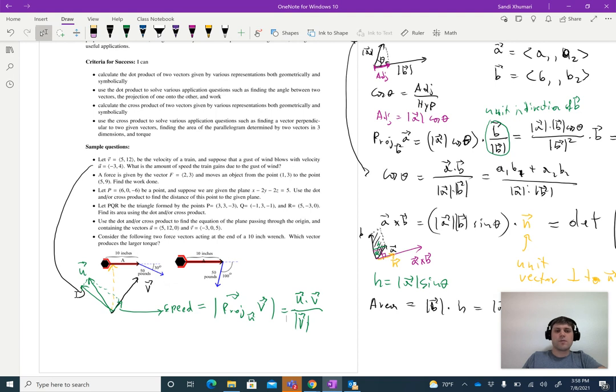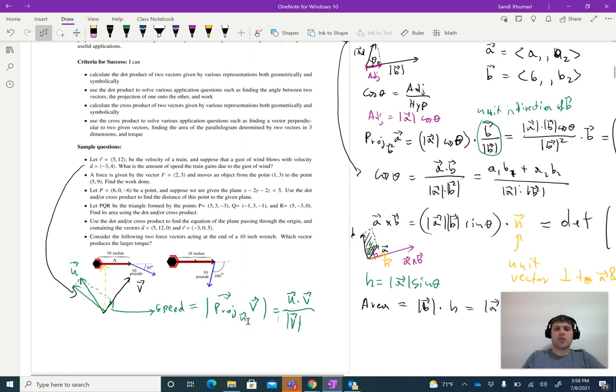Tracks don't move. So the only thing that really matters here is this component of u that is in the direction of v, the projection of u onto v. So the speed will be the magnitude of that projection.